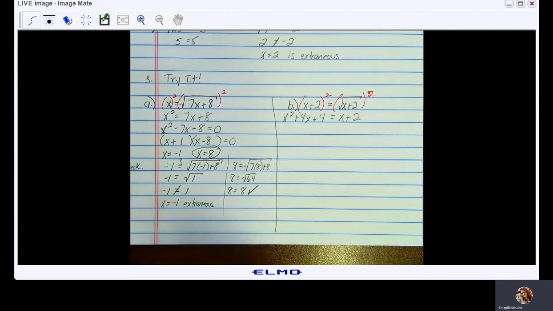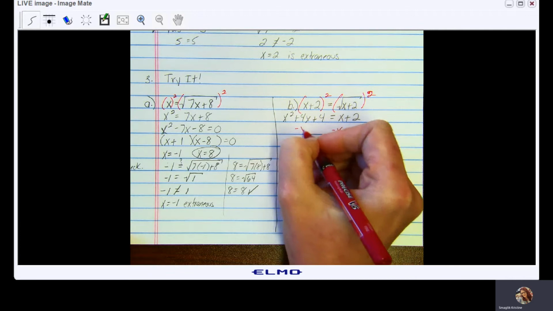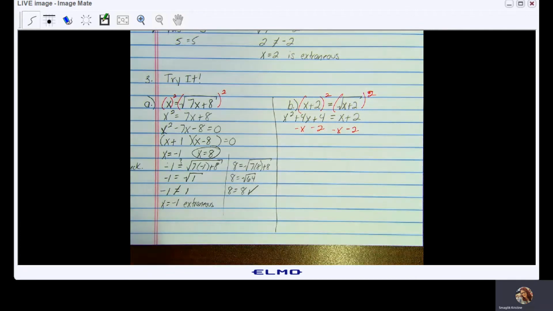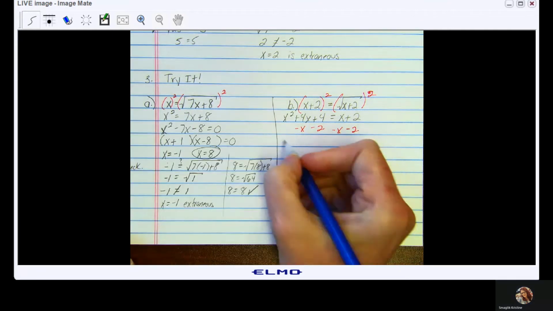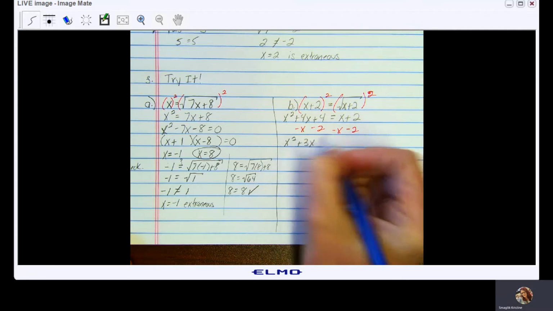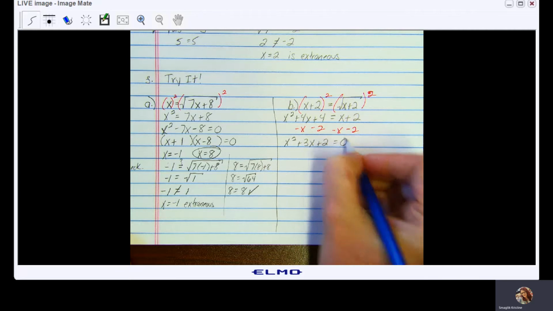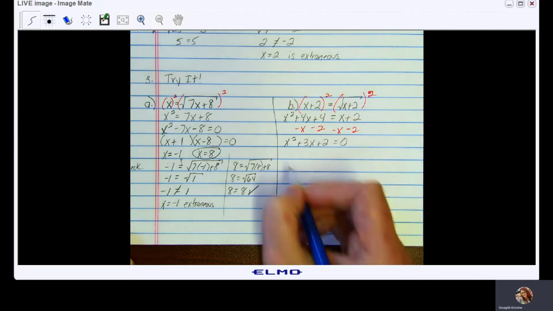I'm going to subtract the x and subtract the 2 from both sides. We do that in one step. x squared plus 3x plus 2 equals 0. And now let's factor.